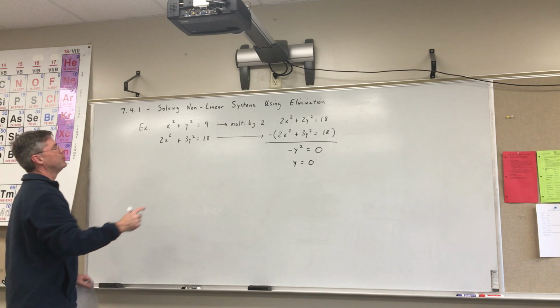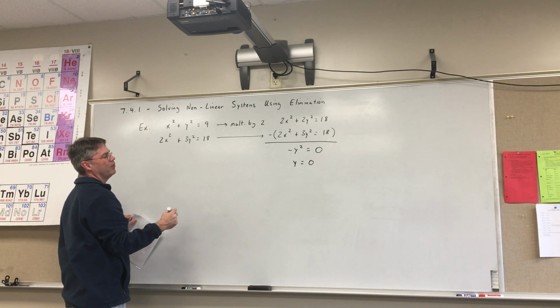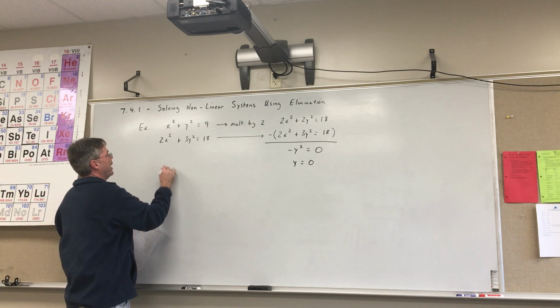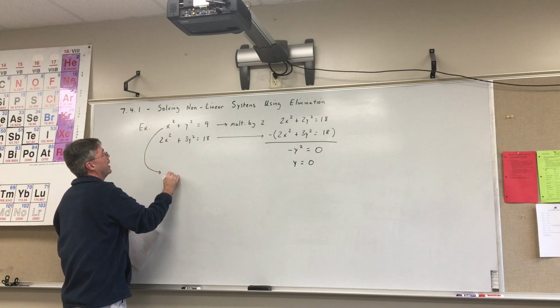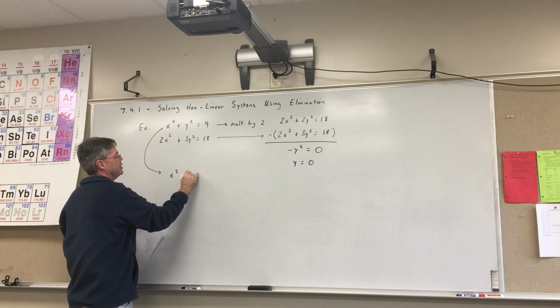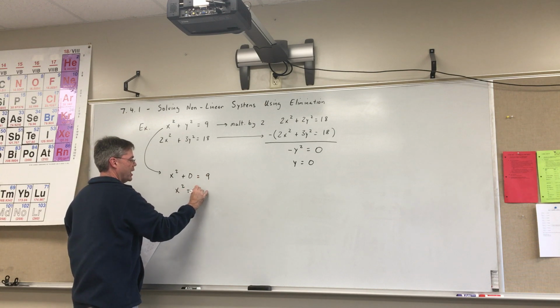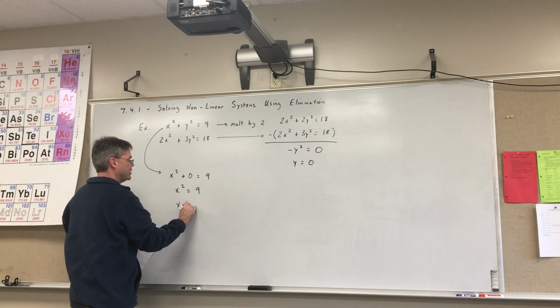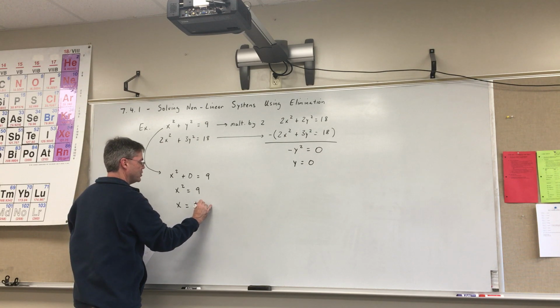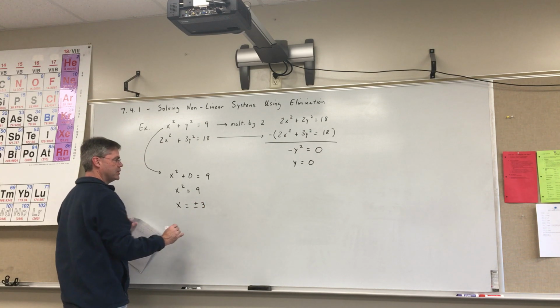So I'm going to plug 0 into this first equation and get our values for x. Bringing this down, x squared plus 0 is equal to 9. So x squared is equal to 9, so x is equal to plus or minus 3. Don't forget the plus or minus.